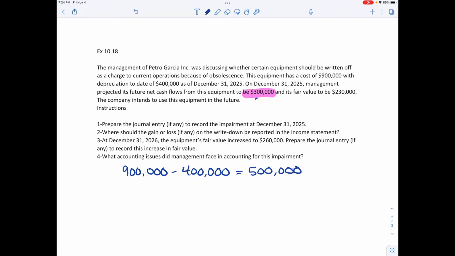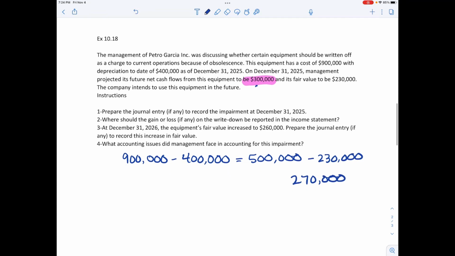Because my net cash is going to be less than my book value, I can record that loss on impairment. So I'm going to take this and subtract my fair value. So my loss is going to be $270,000.